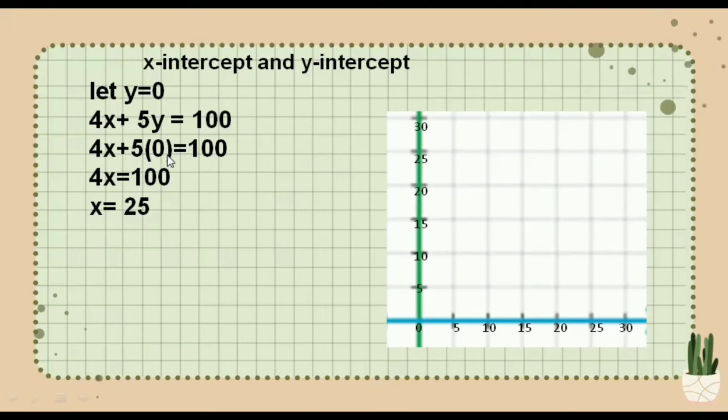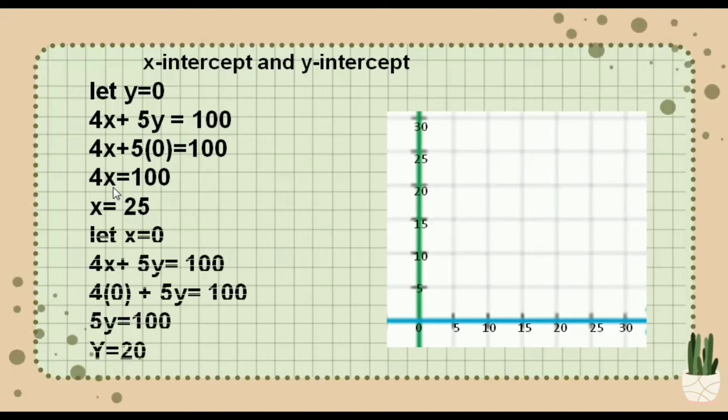And 5 times 0 is equal to 0, so we will have now 4x, and after that divide both sides by 4. So 4x divided by 4 is equal to x only, and 100 divided by 4 is equal to 25. Thus our x-intercept is equal to 25.